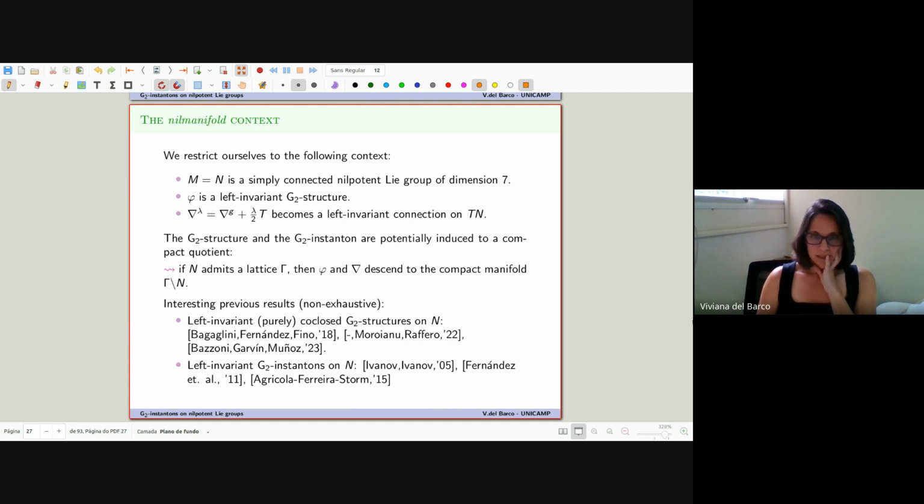And the last one I want to mention, even though it's naturally reductive. At some point, they get the quaternionic Heisenberg. They were classifying naturally reductive spaces.